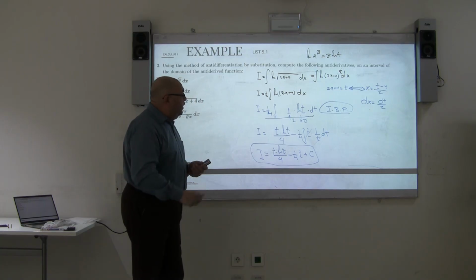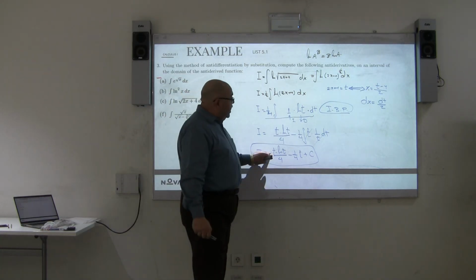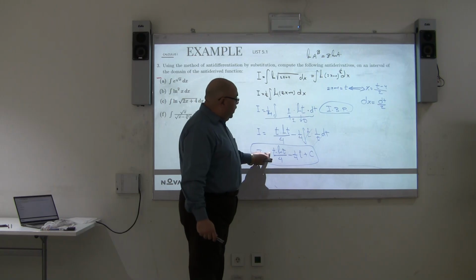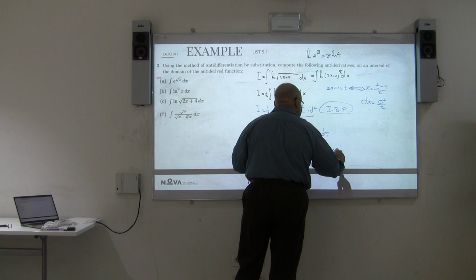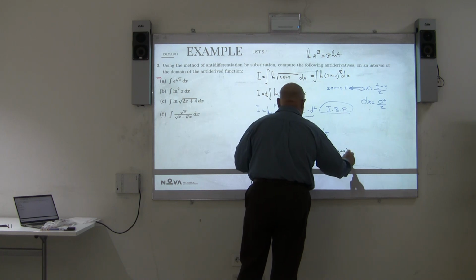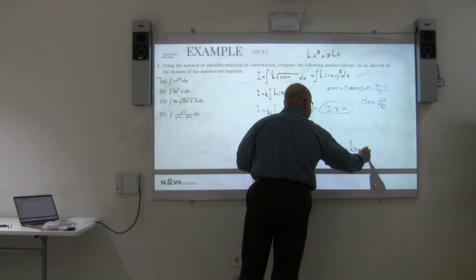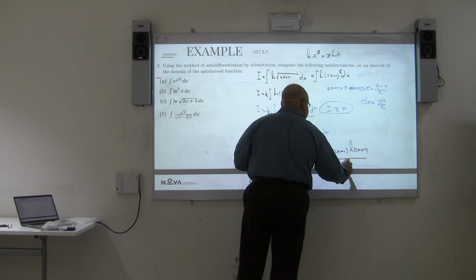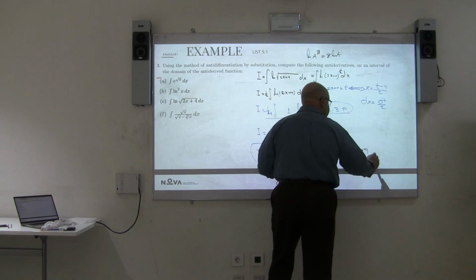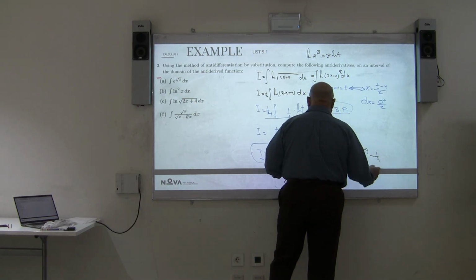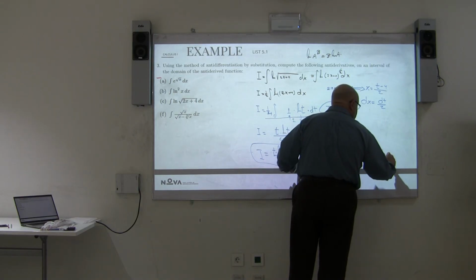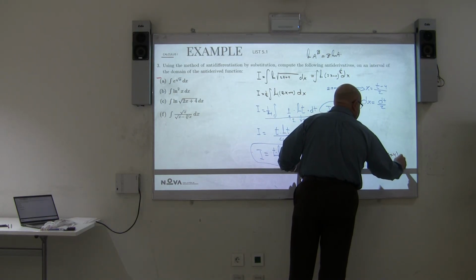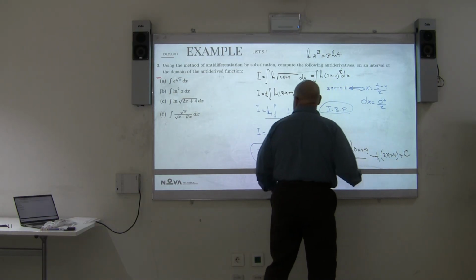So by the end of my problem, I will replace every t by 2x plus 4. So actually, the result will be I equal to (2x plus 4) times ln of (2x plus 4), all of them divided by 4, minus 1 over 4 times t, which is once more 2x plus 4, plus the constant of integration.